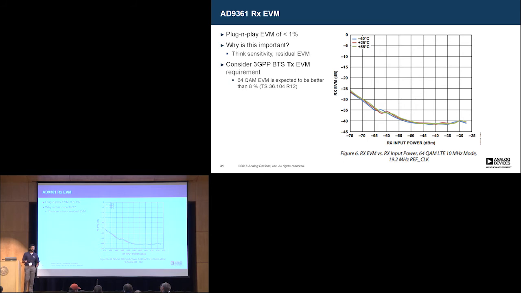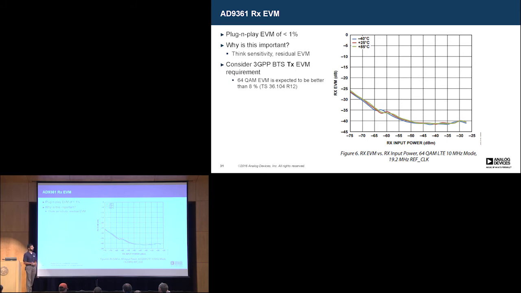The 3GPP specs, for example, call for a reference sensitivity level for different types of base stations. So for, let's say, 20 megahertz LTE, you have like minus 101.5 dBm that you need as a reference sensitivity level. And our customers would require even more margin to that spec.